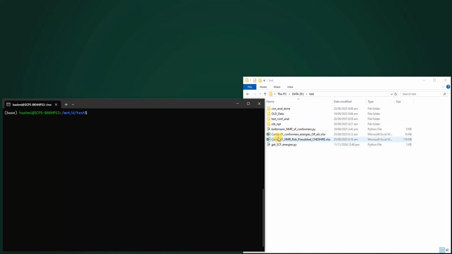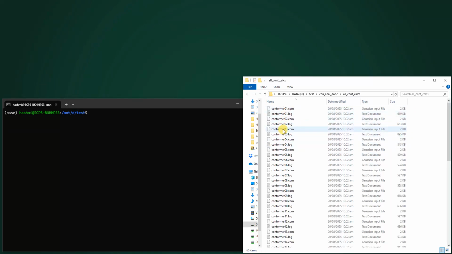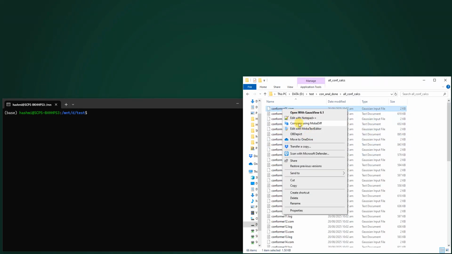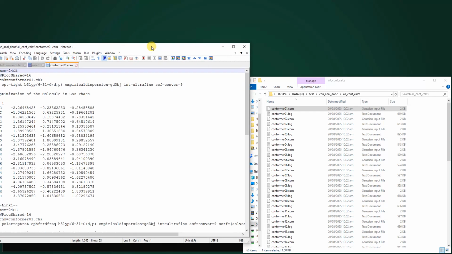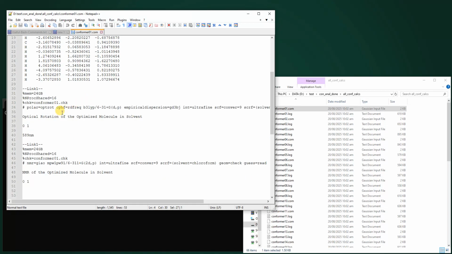You would have noticed that in the previous video, when I told you about making all these conformers and their calculations, we did an optimization at a certain level of theory, and then we did optical rotation, or the NMR, at a certain different level of theory. So I couldn't tell you about this process in that video.